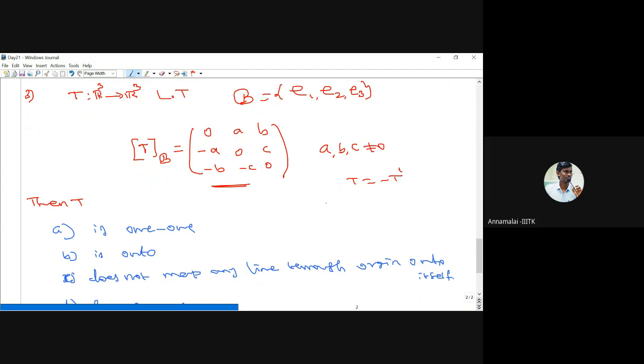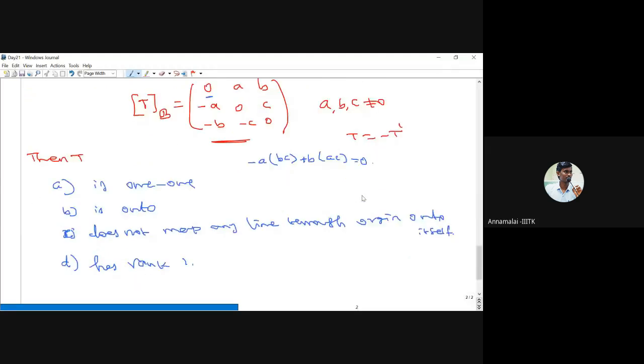Expanding, minus A times 0 minus BC, plus B times the last row, AC. So what you'll get, ABC minus ABC, we get 0.